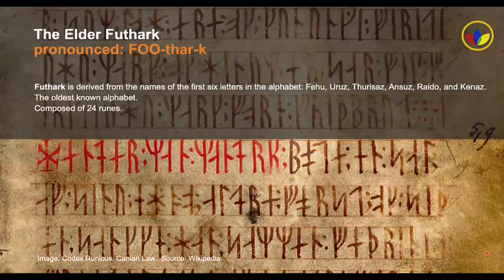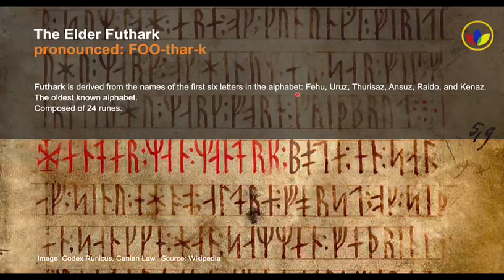The Elder Futhark is the oldest known runic alphabet. And this alphabet is made up of 24 characters. These are 24 runes. Now, if you wonder what this thing Futhark means, Futhark, as you can see here, is derived from the names of the first 6 letters of the alphabet.